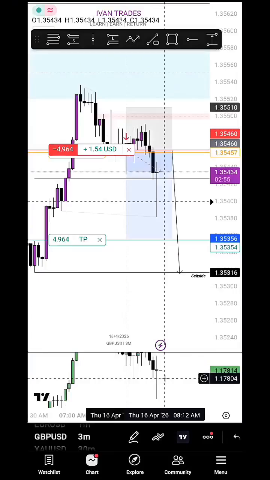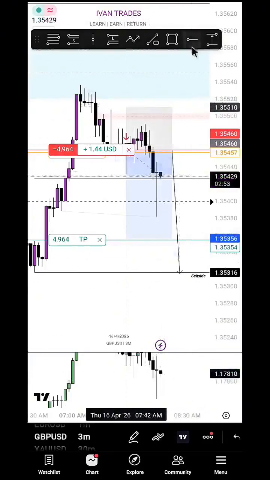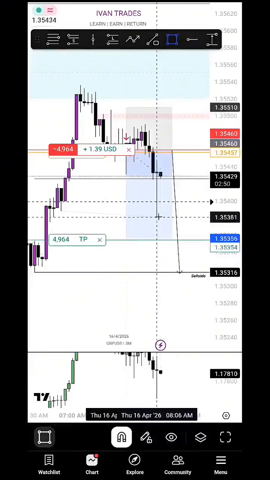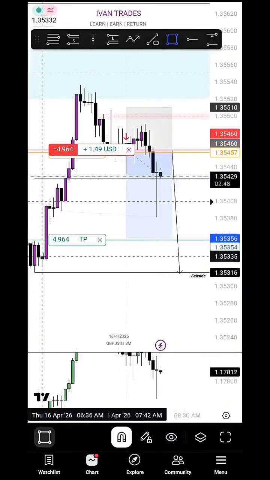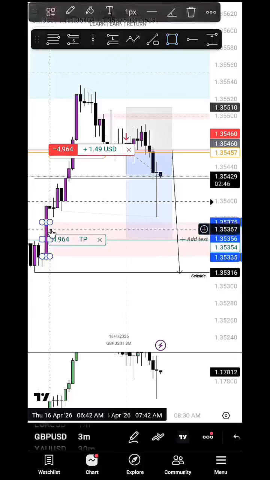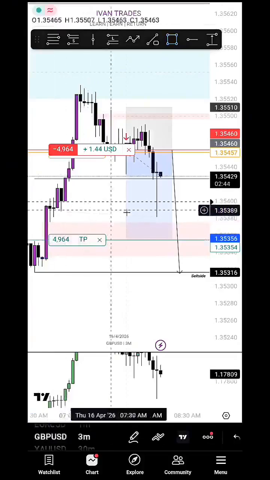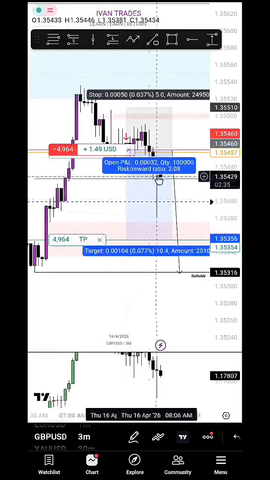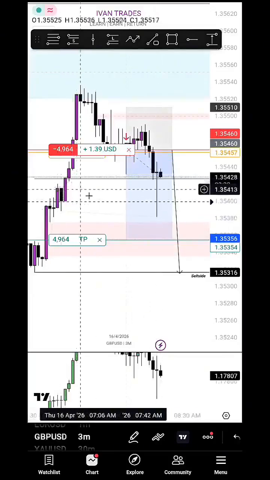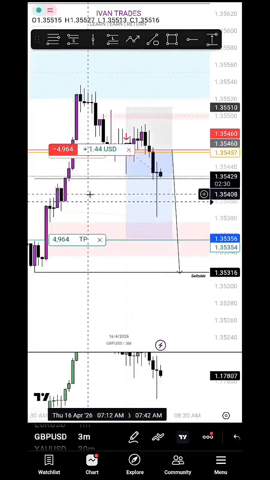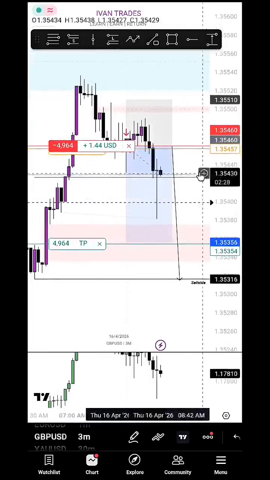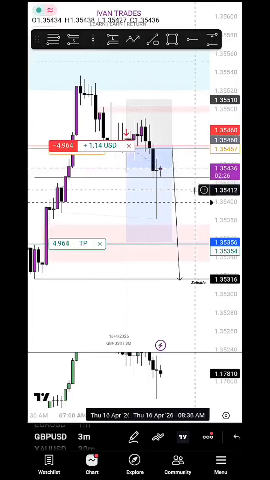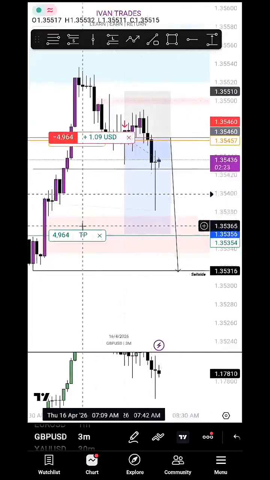Let me look at the actual chart right here. Oh my goodness, look at this giant wick. Euro is already flipping bullish. So let's look at the damage that this wick has done.